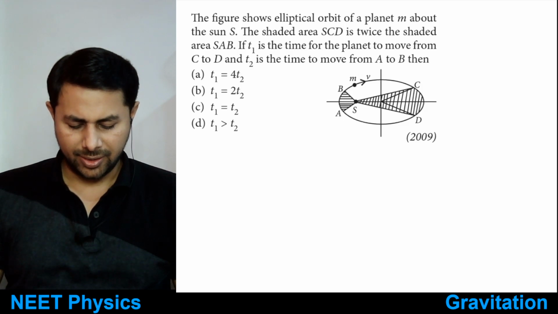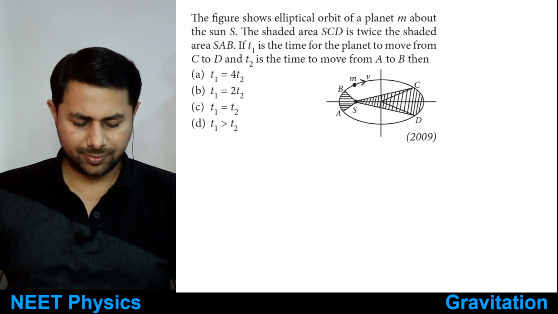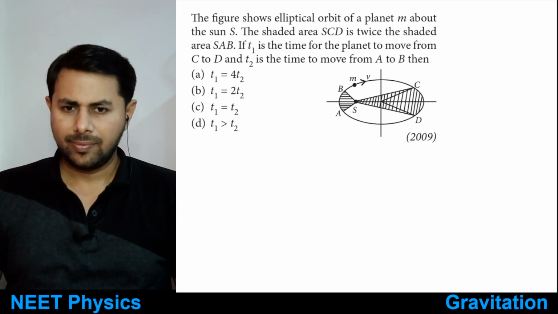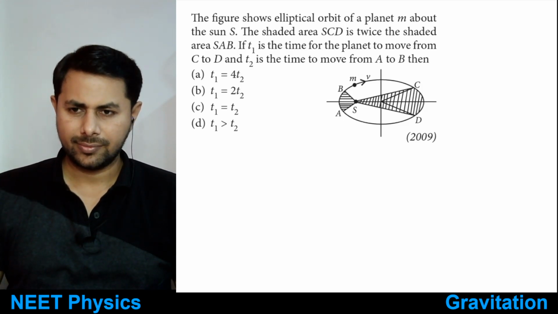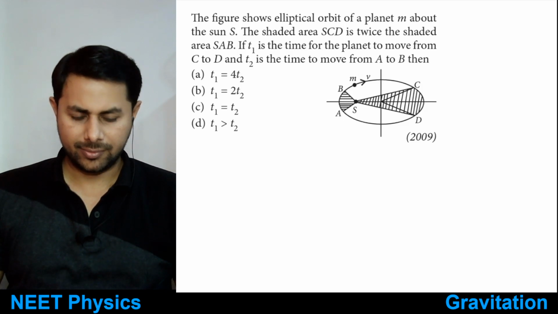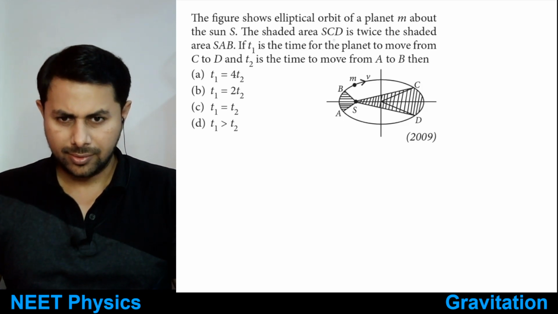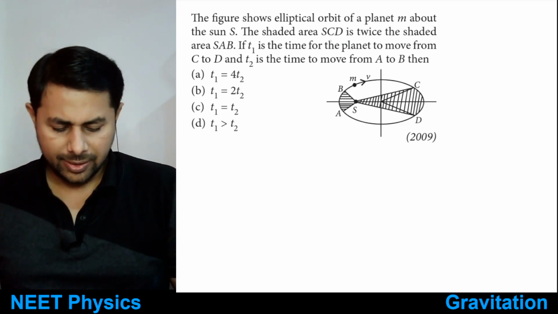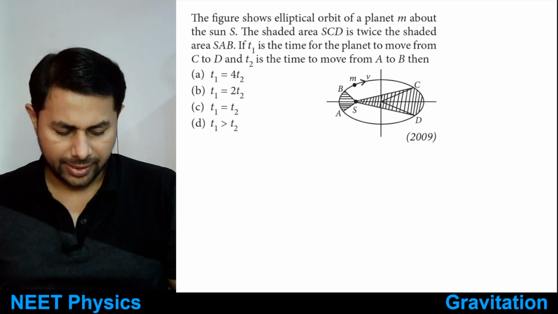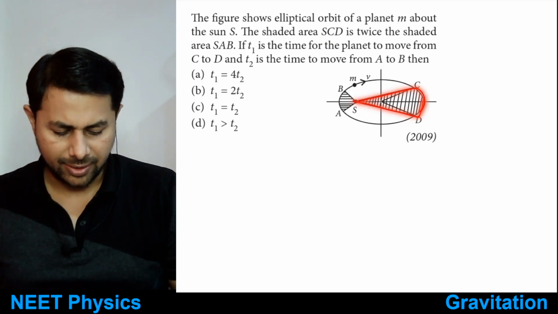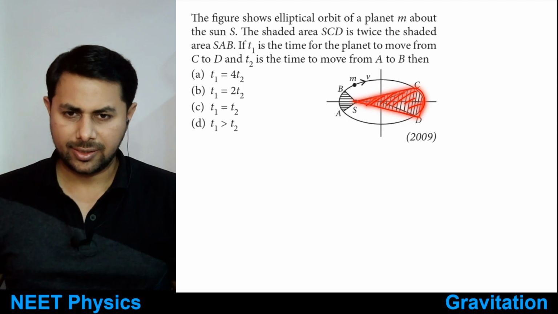Option C, T1 is equal to T2. Why should it be equal? This area SCD is twice.